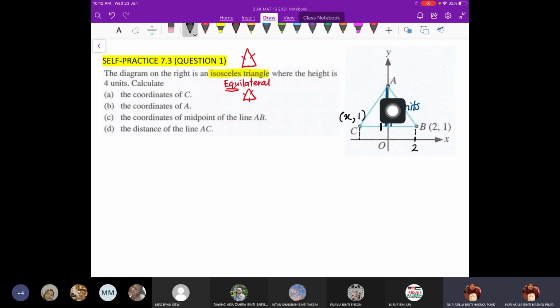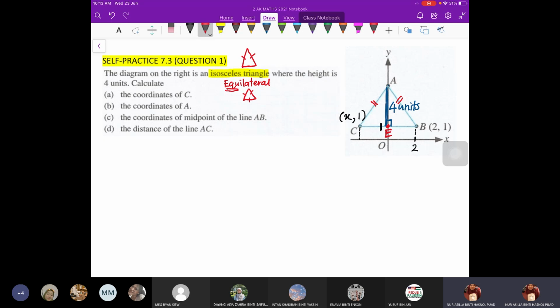Now, since ini adalah isosceles triangle ABC. Isosceles triangle, dua side dia adalah sama. Height adalah 4. Okay. So, bila dia potong macam ni height 4, maksudnya distance B to this point, kita akan label sebagai E. Okay.